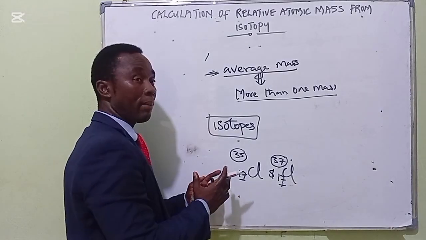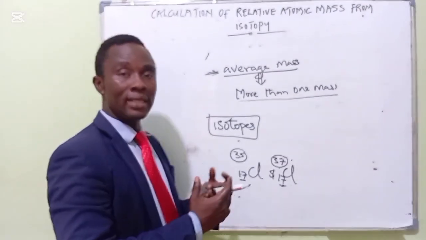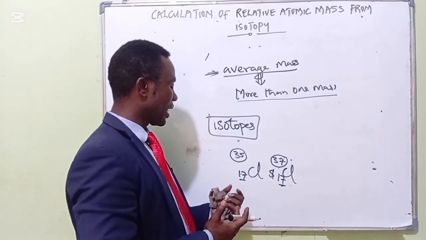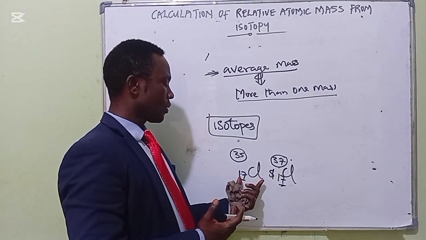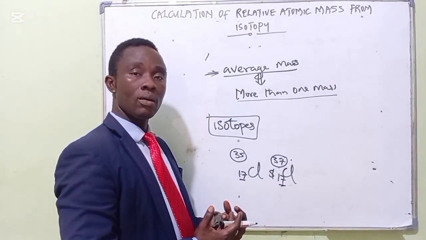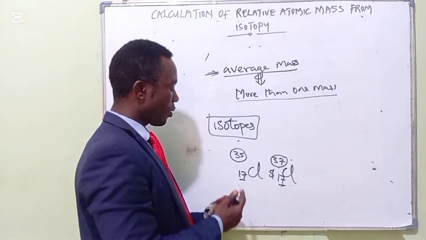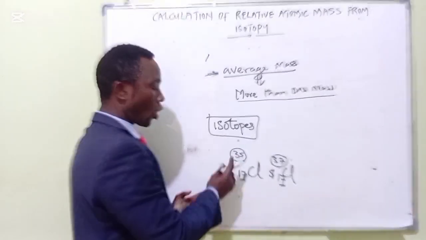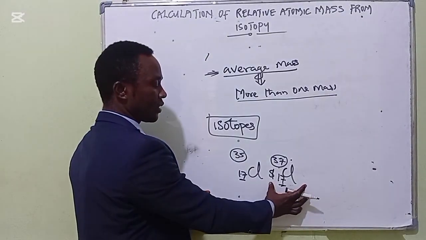Now, what I mean by abundance is how plentiful these chlorine isotopes occur on Earth. Now, we know that chlorine 35 occurs on Earth more than chlorine 37.